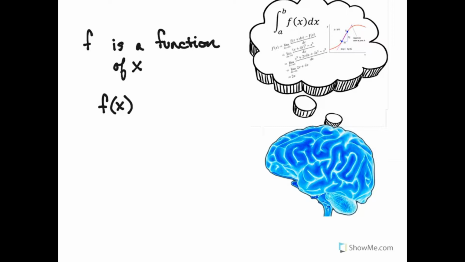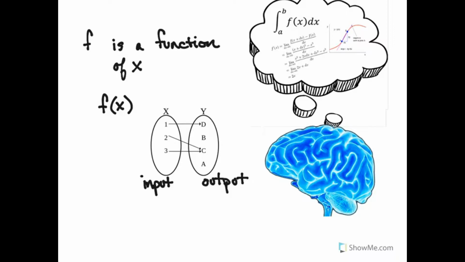Well, a function is a kind of relationship between the objects in two sets. The input set is usually called x and the output set is called y. And the function is the relationship. It's these arrows that connect things in x to things in y.